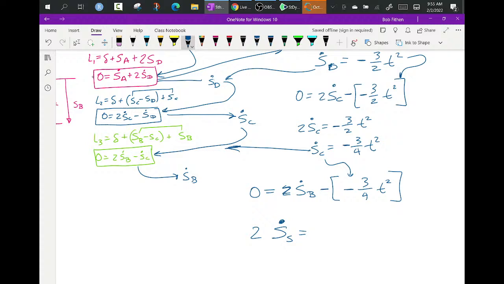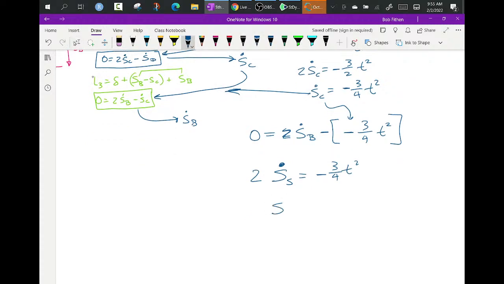Minus becomes plus, I move it to the other side, and it becomes minus 3/4 t squared, or, why am I writing S, it's supposed to be D. Equals 3/8. Is that right? Oh crap, we overdid our time. But anyway, we should go.